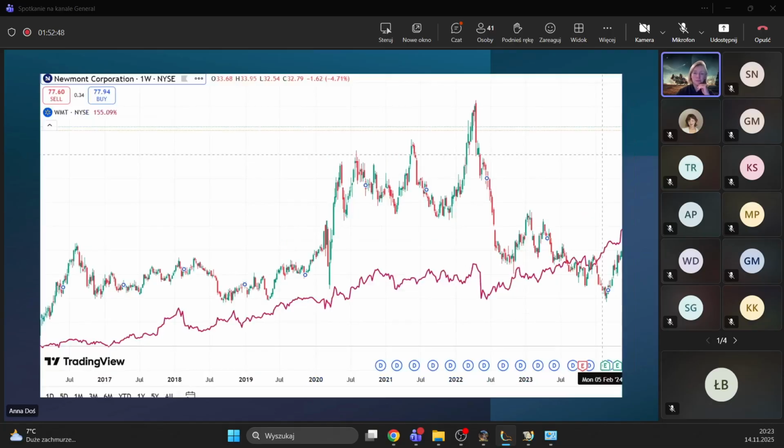Now, take a look at this chart. Again, here we see the value of Newmont Corporation. These green and red bars are candle bars. And below, you can see the purple chart that shows the value of Walmart. And as you can see, they start at a very similar value.